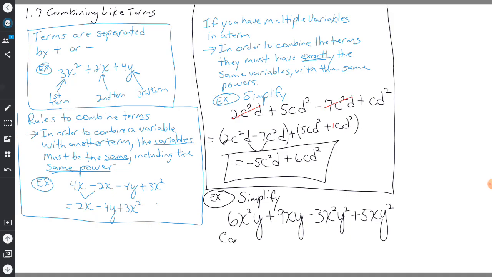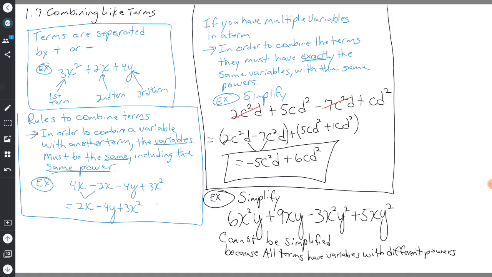So it cannot be simplified because all terms have variables with different powers.